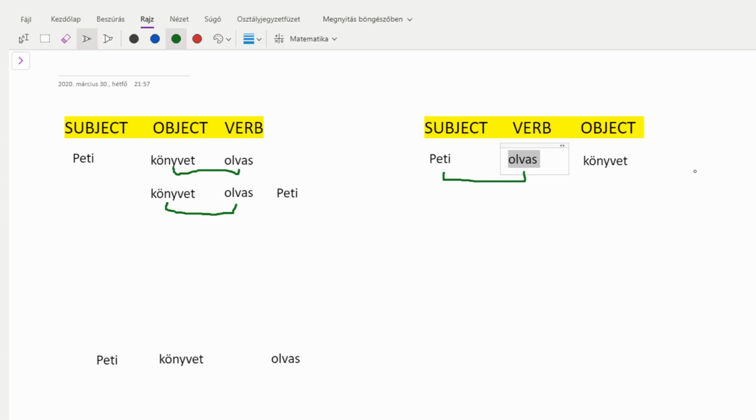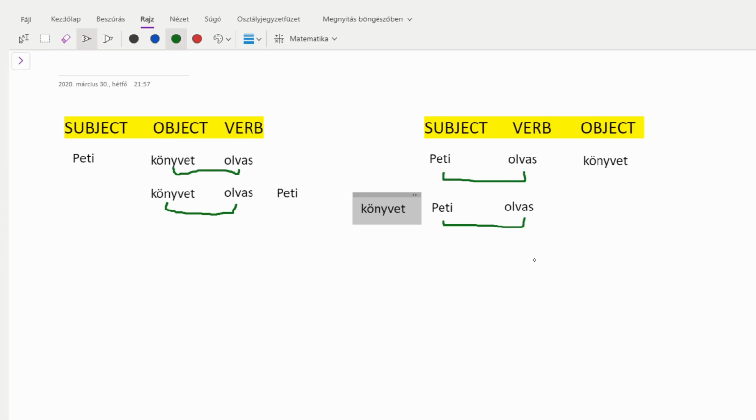So the question is, again, if we can modify the word order. We can, of course, but still, again, we have olvas here, we have Peti here, and we can put the könyvet here. Könyvet Peti olvas. And again, because Peti olvas remained together, the sentence almost means the same.